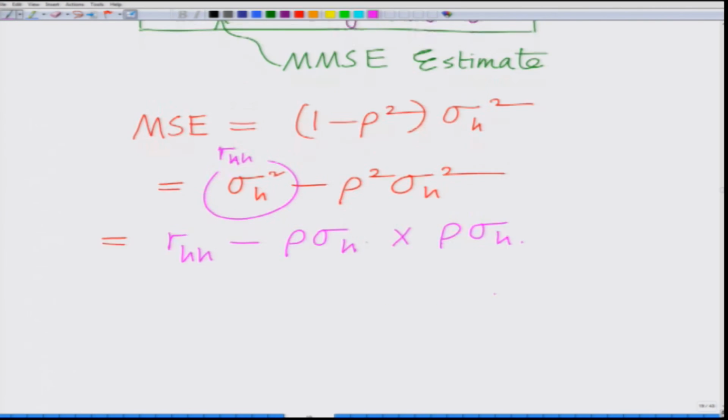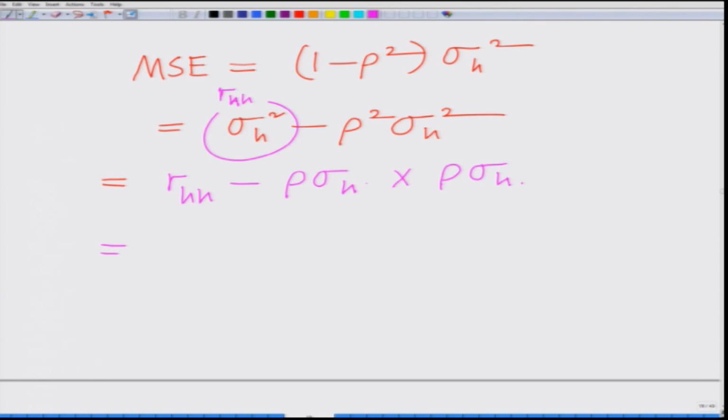Now, this quantity I will again manipulate by multiplying and dividing by sigma y squared, rho sigma h sigma y into 1 over sigma y squared into rho sigma h sigma y.